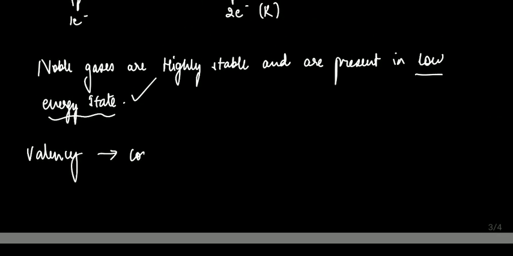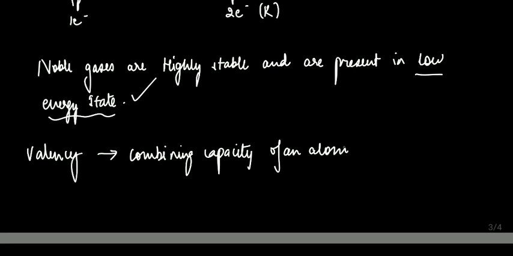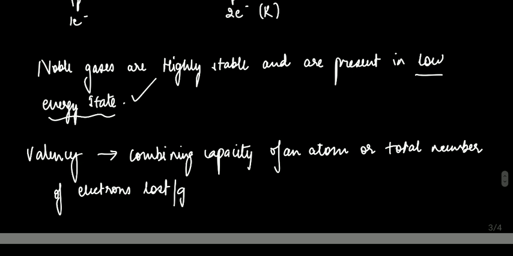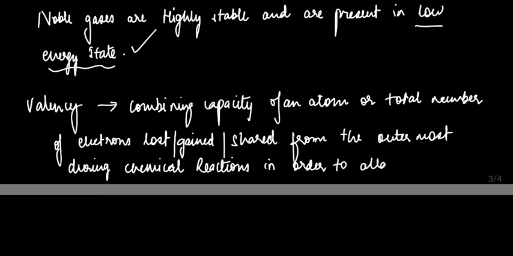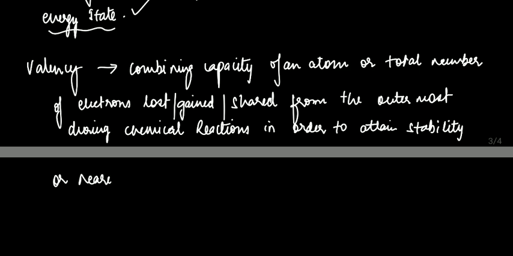Valency is called the combining capacity of an atom, or it's the total number of electrons lost, gained, or shared from the outermost shell during chemical reactions in order to attain stability or nearest noble gas configuration.